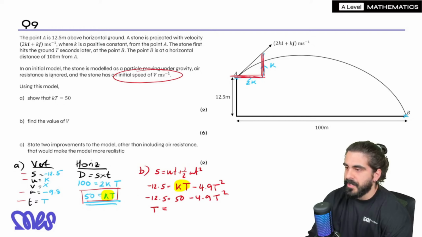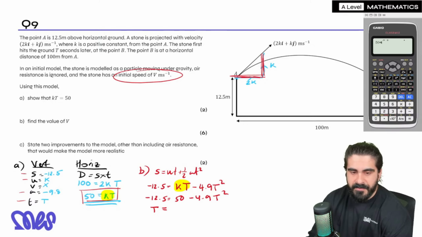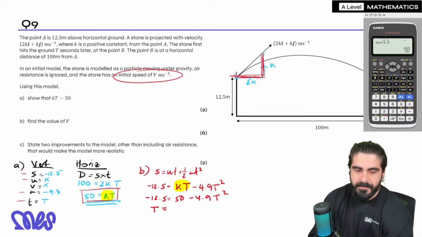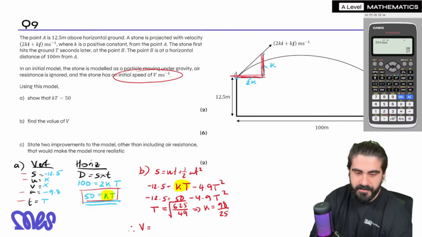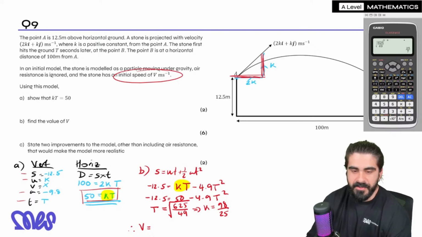We'll do 50 plus 12.5, and we're going to divide that by 4.9. It's the root of this. That's even nicer numbers. So 50 divided by that, 14.